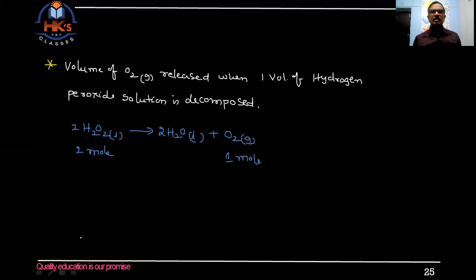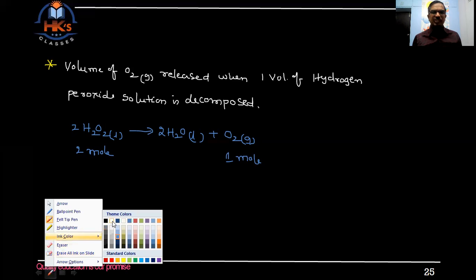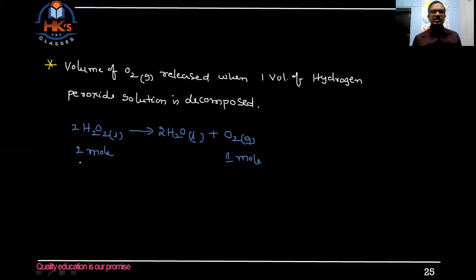Suppose I consider the condition as STP, that means 2 moles of hydrogen peroxide are able to give 22.4 liters of oxygen, because this is the gram molar volume, the volume occupied by 1 mole of any gas at STP.